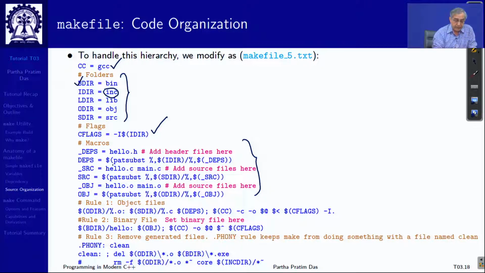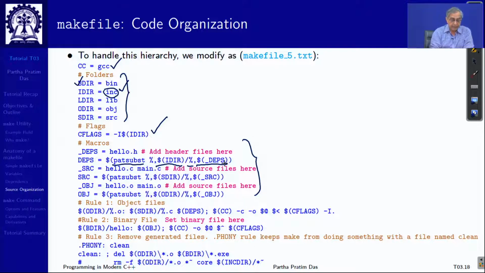So, all that we are saying is pattern substitute; what do we substitute? $(IDIR) is inc slash percentage. What is slash percentage? Slash is obviously the separator, percentage is whatever comes from the dependency.